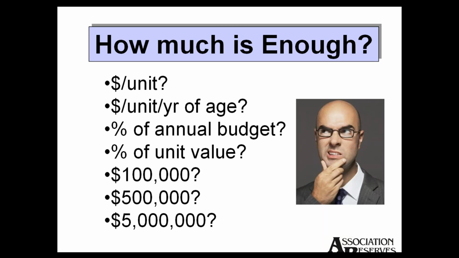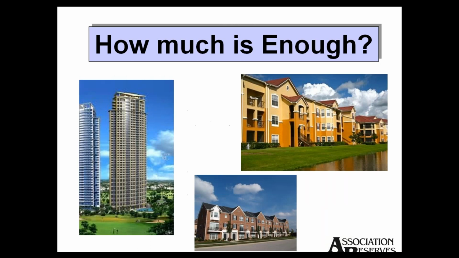That's not going to give you the guidance you want, because if you go back momentarily, I showed pictures of different associations, and you can imagine that a $500,000 balance is going to mean a whole lot of difference between a 10-unit condo and a 200-unit twin tower high-rise. And so we're looking for something that is nice and consistent, and the great thing is that we've found it. Something that applies to all different types of associations and is consistent. So let me walk you through how it works.